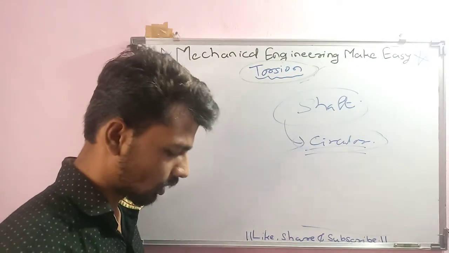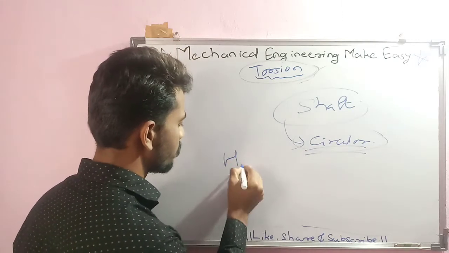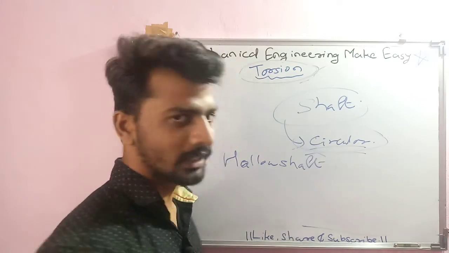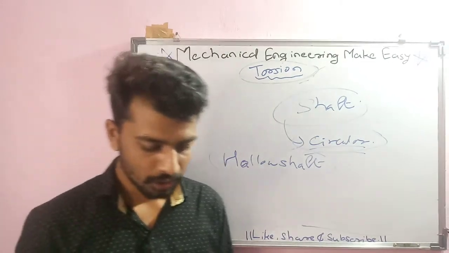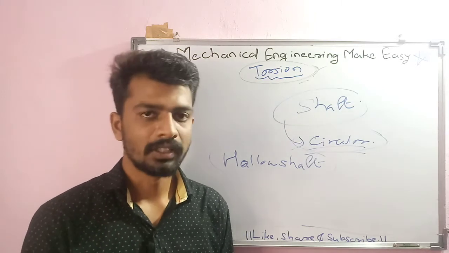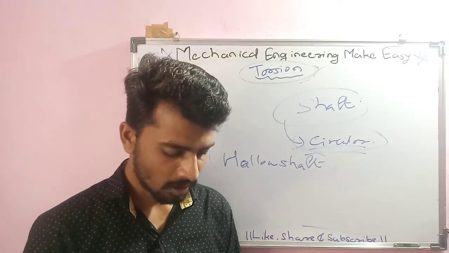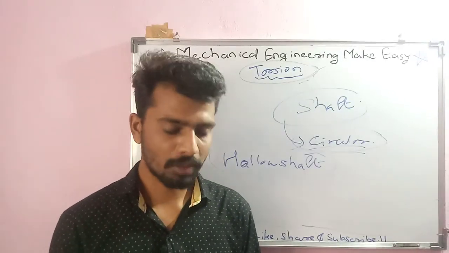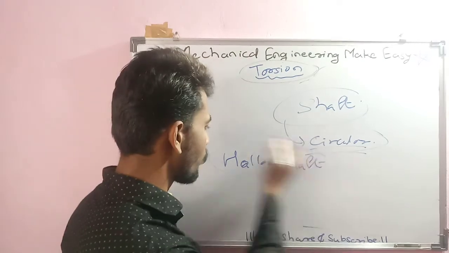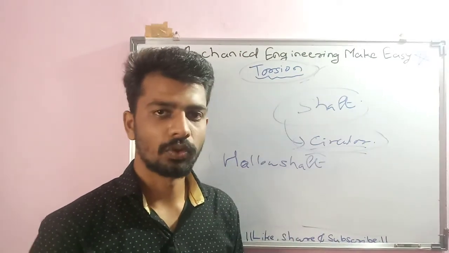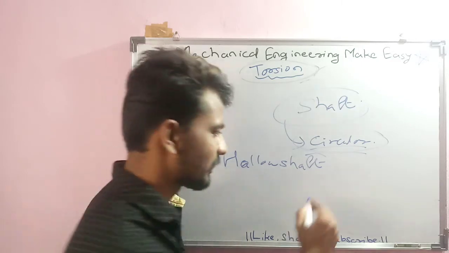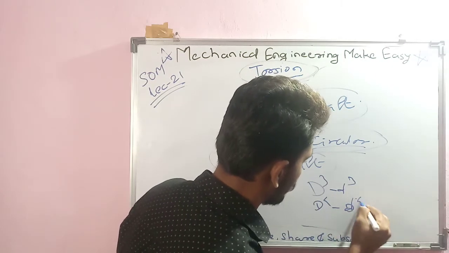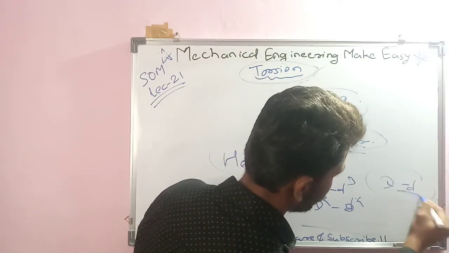And next, for design we always prefer a hollow shaft. Because, as we have studied the formulas for shear stress in torsion, then the polar section modulus and the polar moment of inertia, in all the formulas, because of the hollow shaft, some terms get minimized. Ultimately the weight will be minimized, and the term that comes is d cube minus d cube, or d raised to 4 minus d raised to 4, because of which one term gets subtracted.